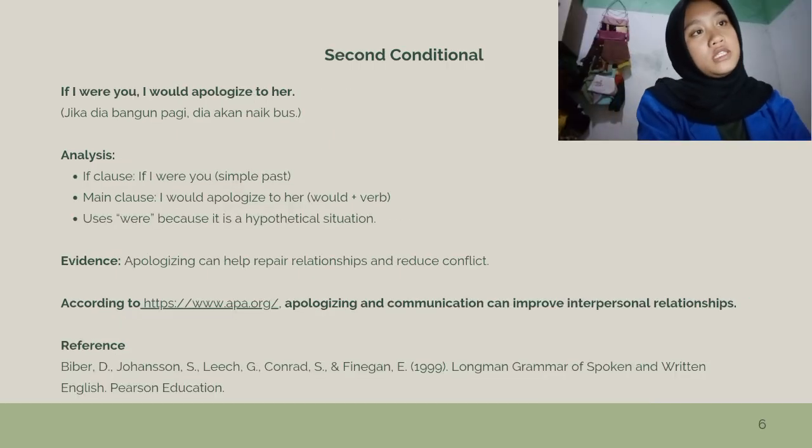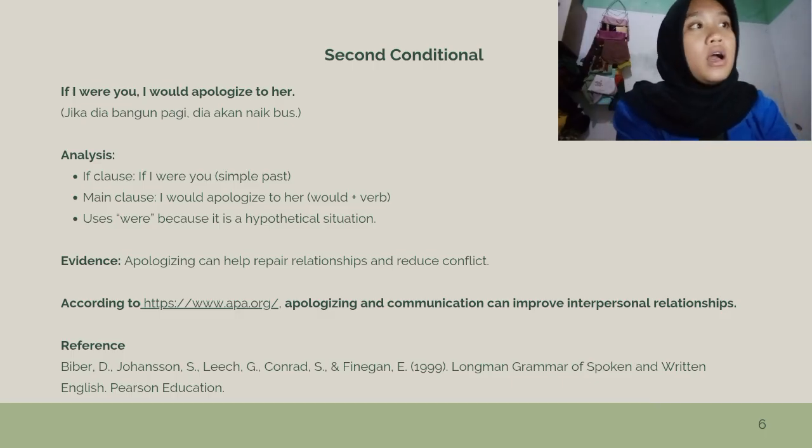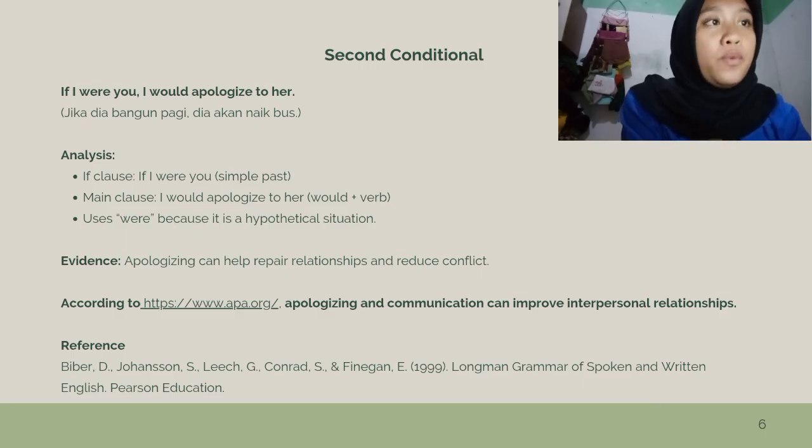Okay, the third type is second conditional. The example is: if I were you, I would apologize to her. The if clause is if I were you, which is simple past tense. The main clause is I would apologize to her, which is would plus verb 1. We use were instead of was because this is a hypothetical or imaginary situation. It is not real.